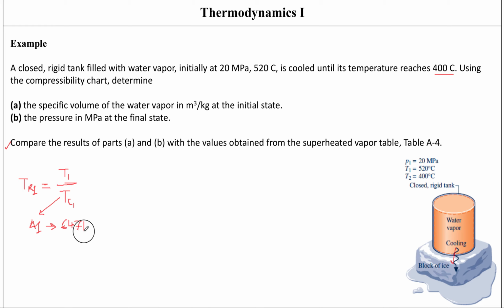And if you divide T1, which is 520 degrees, or if I was doing it in kelvins, it would be 793 kelvins, and I just divide this by 647 kelvins, and this is going to give me the value for the reduced temperature, which is going to be 1.23.